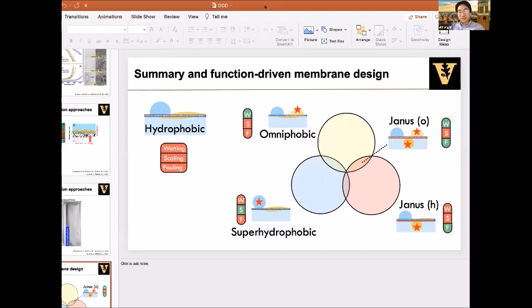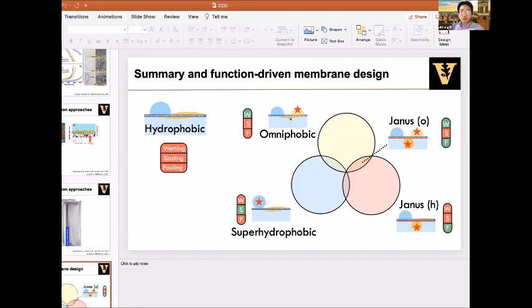Yeah, that's a good question. I never think about cost really, because in our lab we mostly focus on the fundamental aspects. But for example, for omniphobic membranes, as I said at the beginning, people do nanoparticles and all that. But now people realize that you can simply modify a commercial membrane by further reducing the surface energy. So there are definitely ways to make all this modification more practical.